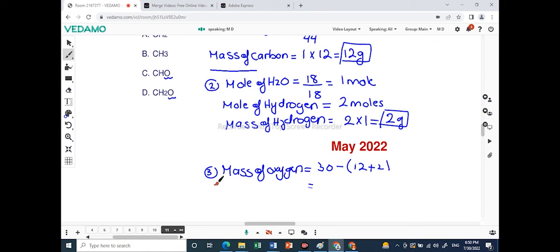So 30 minus 14, and your final answer is 16 grams. Now continuing with the mole of oxygen. Of course, you will take your mass as 16 and divide over 16, and your final answer is 1 mole.